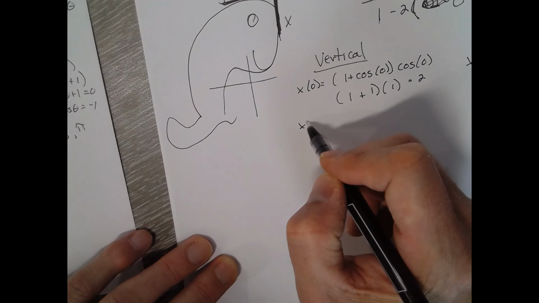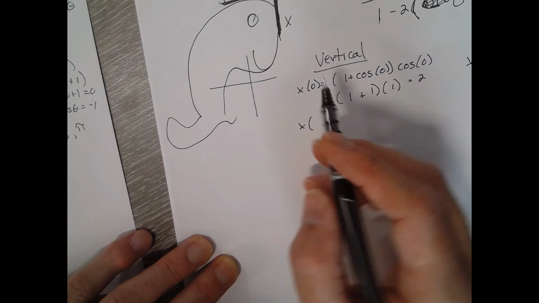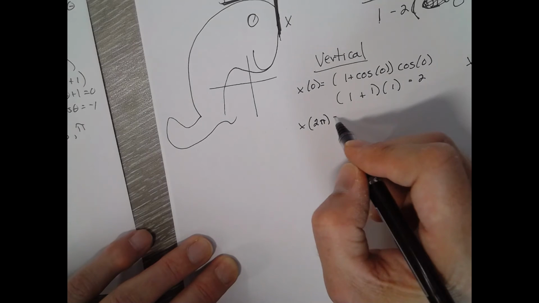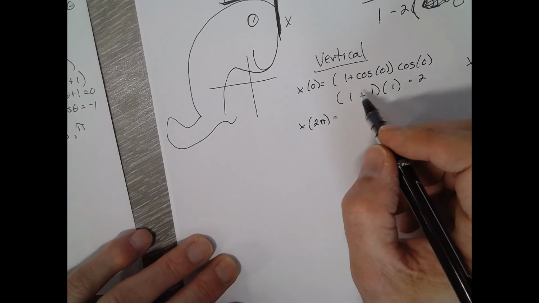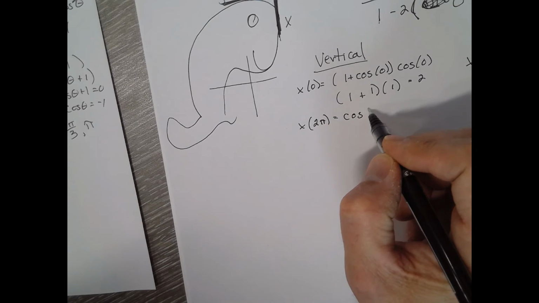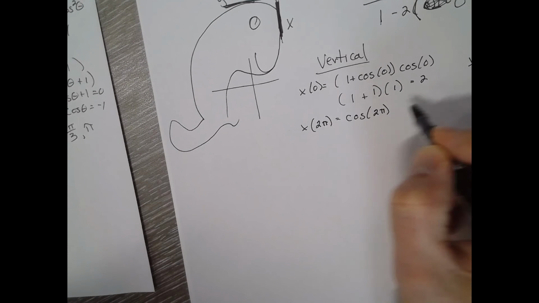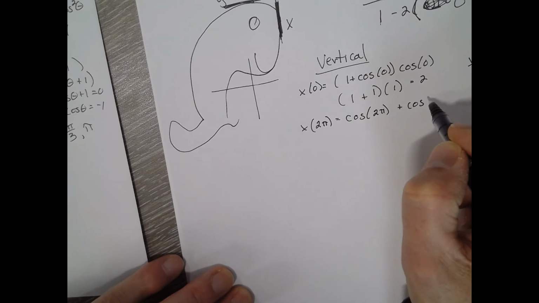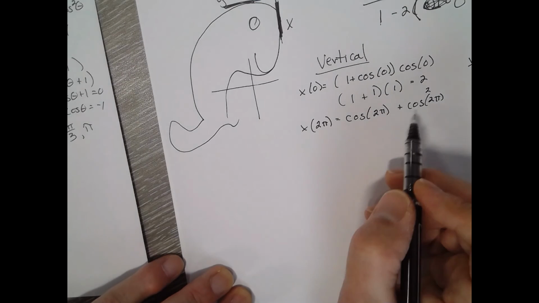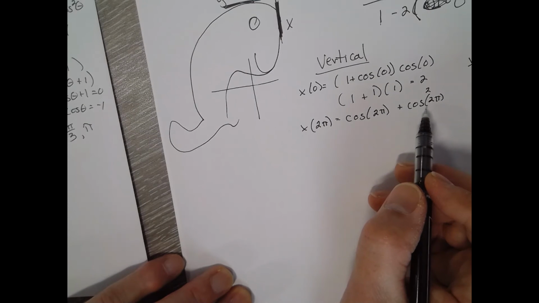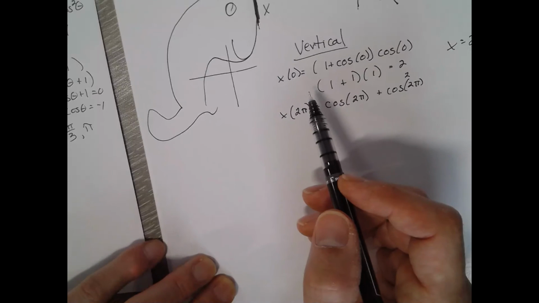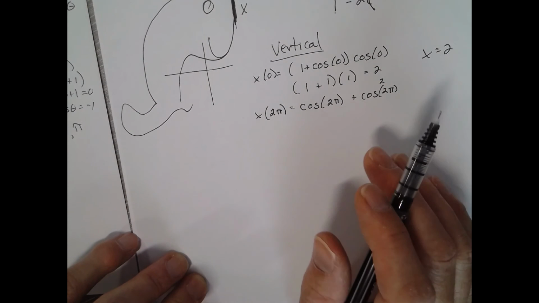X of our next vertical, I'll go 2 pi, maybe I'll use the other equation, cosine of theta plus cosine of theta squared. So that's 1 plus 1 squared, so 1 plus 1 is 2, so x equals 2. Makes sense that at 0 and 2 pi we get the same vertical lines.